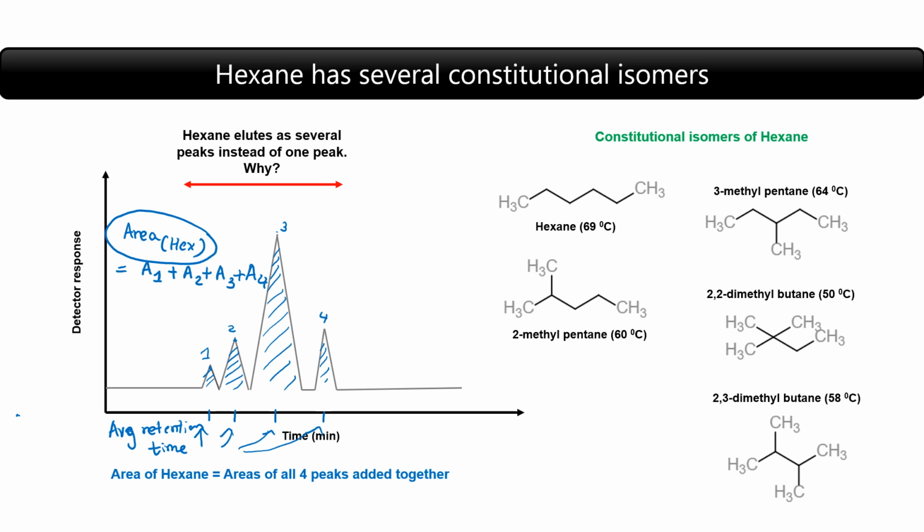You can do either of that, that's fine. The main thing I wanted to explain was that because hexane is a mixture of constitutional isomers, it will elute as several different peaks rather than one big peak.